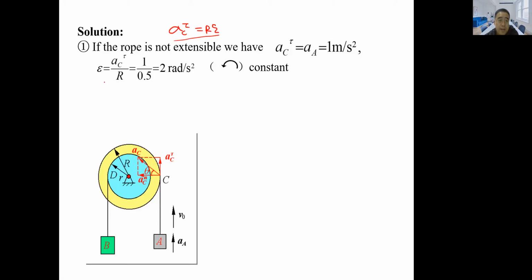Then we can find epsilon is a_C^tau over big R. And v_C also equals v_A, which should be 1.5 meters per second, and omega_0 times r. So we can find omega_0 equal to this.